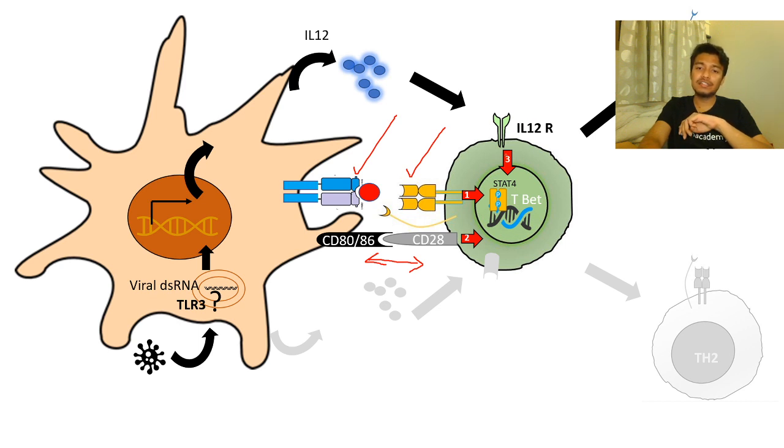All these three signals combined are conveyed into the nucleus, and that transcribes a master regulator. This master regulator would specify the sublineage of these T cells. For example, in this particular case, this T-bet master regulator would force the T cell to become a Th1 cell.